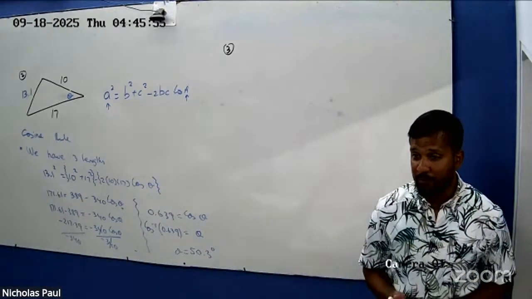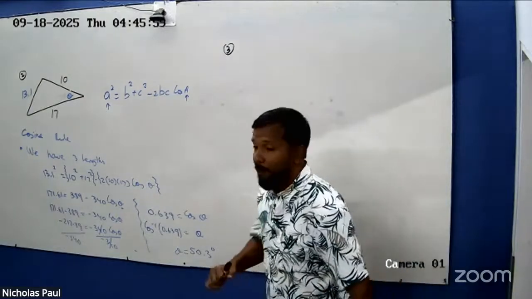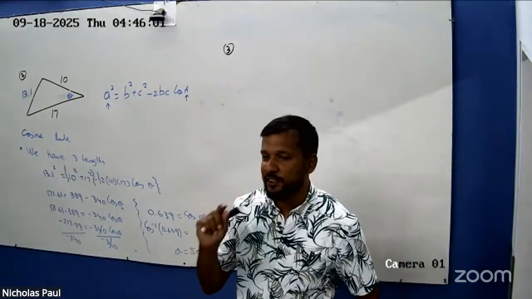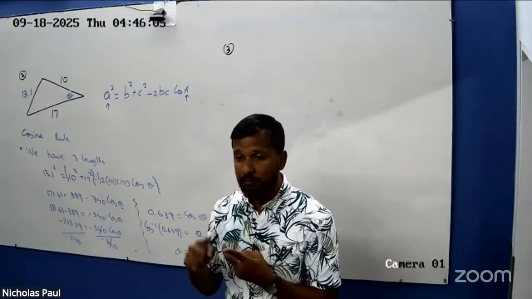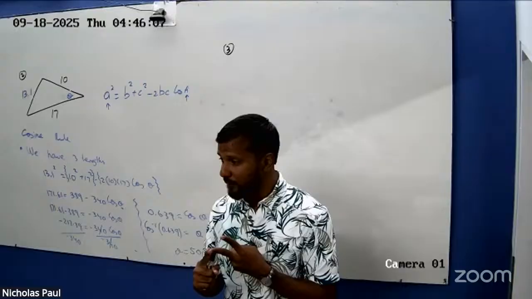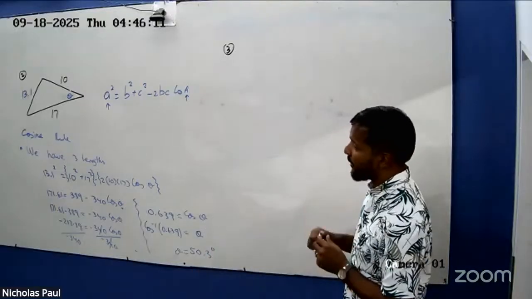Are you ready? Okay, remember what are the conditions to use cosine rule? Two lengths and an angle in the middle, or three lengths. Okay? Ready? Because you have one more rule to add on, right?